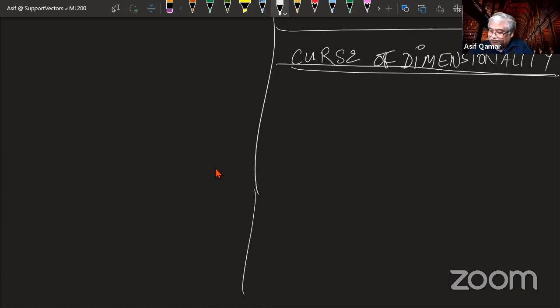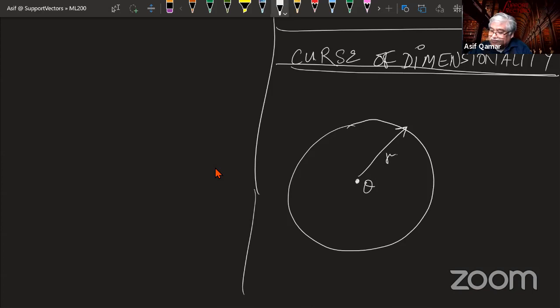a unit circle. Suppose you have a center, O, and you make a unit circle. Suppose your world is a unit circle. Radius is equal to 1. Unit. Imagine your world as a unit circle.